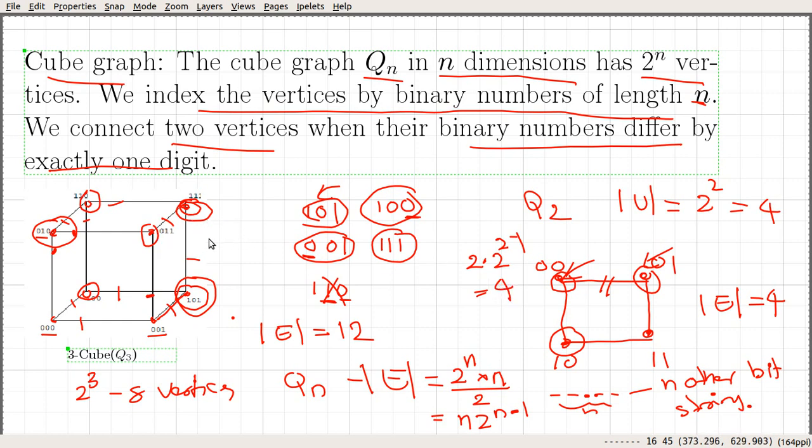Similarly, if you consider Q3, the number of edges will be 3 times 2 to the 3 minus 1, so 3 times 4 is 12. So it agrees with this and this. Okay, so this is what a cube graph is.